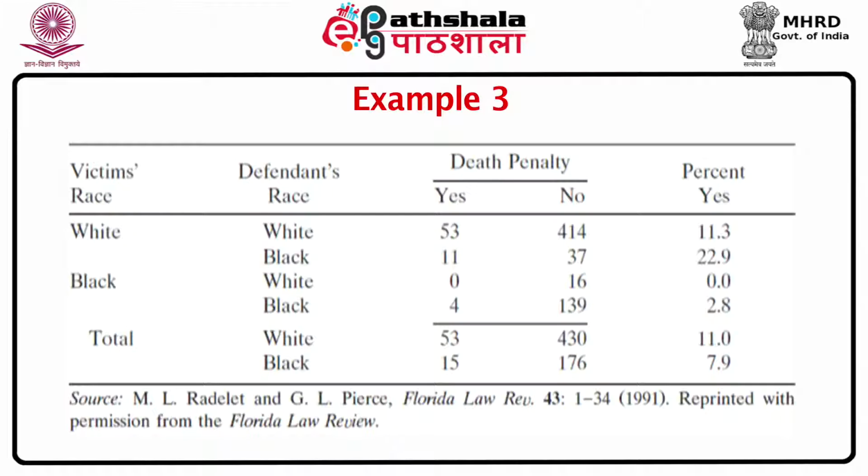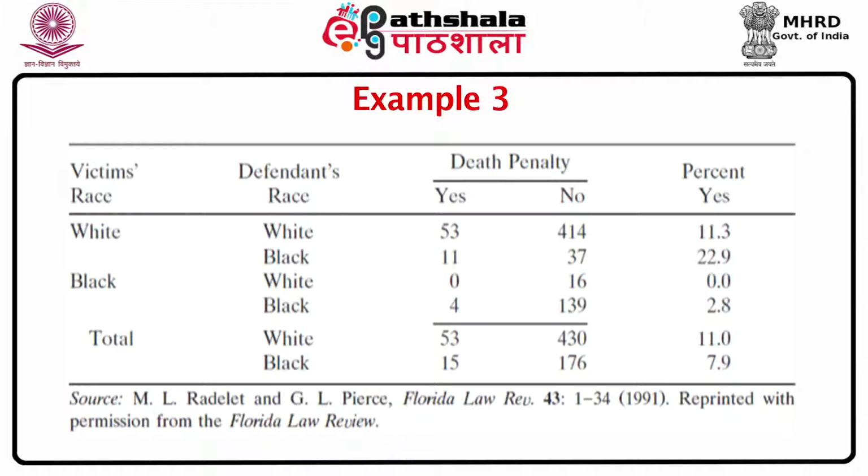The three factors which we look at here are whether or not the death penalty has been awarded in a particular murder, whether or not the victim of that murder was white or black, and whether or not the accused or the defendant was white or black. The source of this data is the Florida Law Review, and this was data collected on a sequence of murders which occurred in Florida.